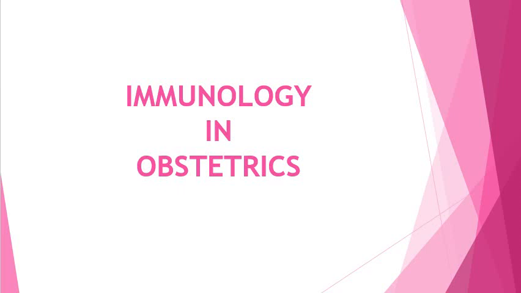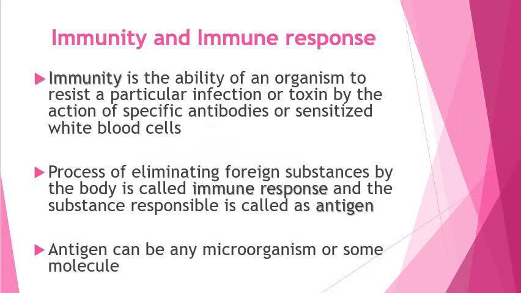So let us go to the preclinical classes where we had learnt about immunity. So immunity and immune response. Immunity is the ability of an organism to resist a particular infection or toxin by the action of specific antibodies or sensitized white blood cell.